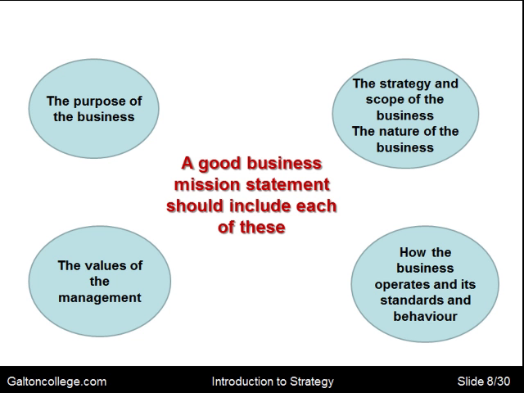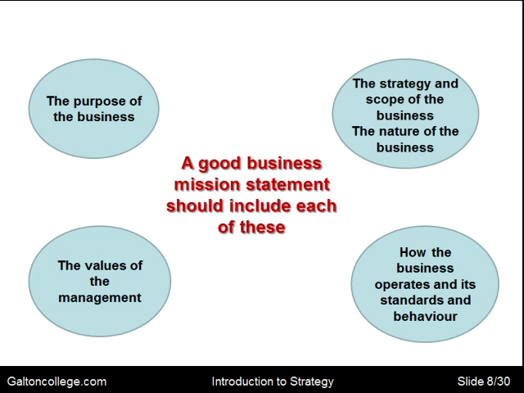A good business mission should include each of these: the purpose of the business, the strategy and scope of the business, if you like the nature of the business, how the business operates and its standards of behavior, and the values of the management.